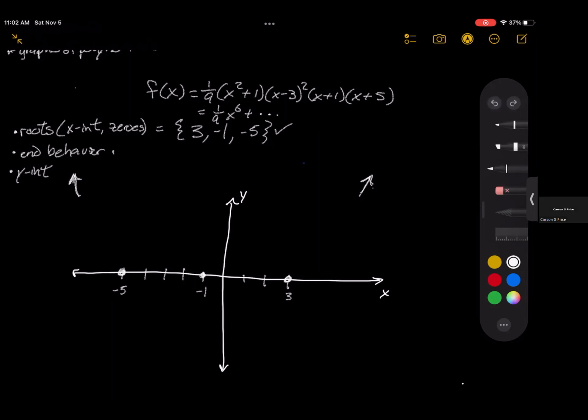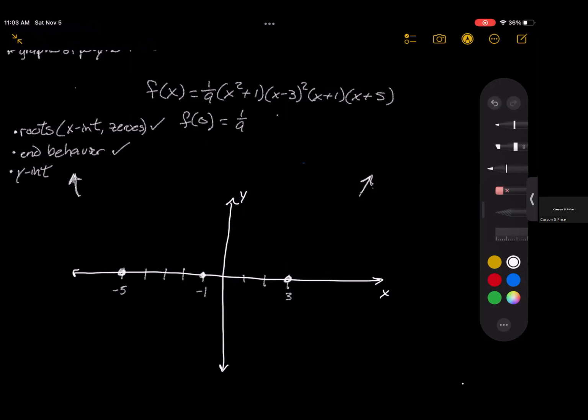All right, so we're done with our roots, we're done with our end behavior. Now let's consider the y-intercept. So the y-intercept, where do I cross my y-axis? Well, x is 0 there. So what happens when I evaluate this function at 0?